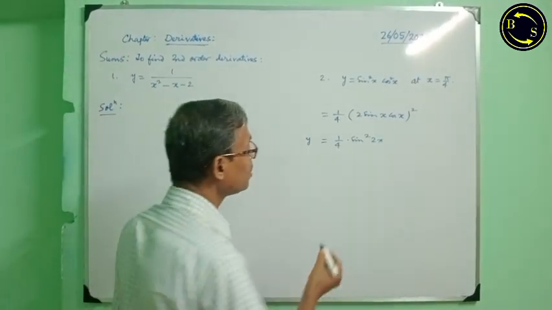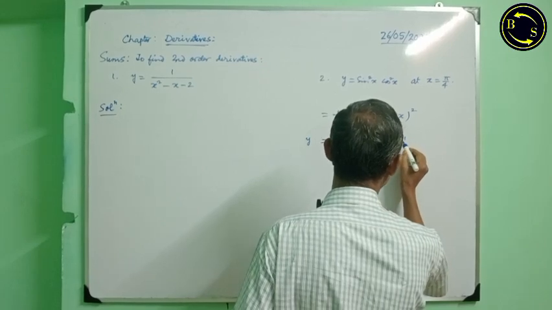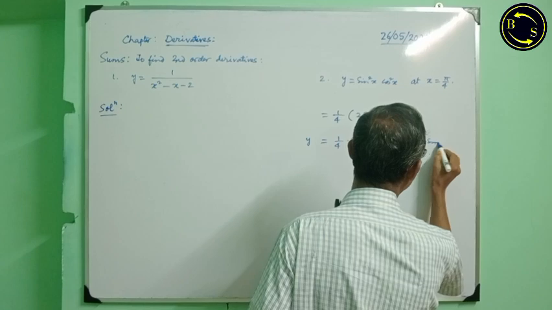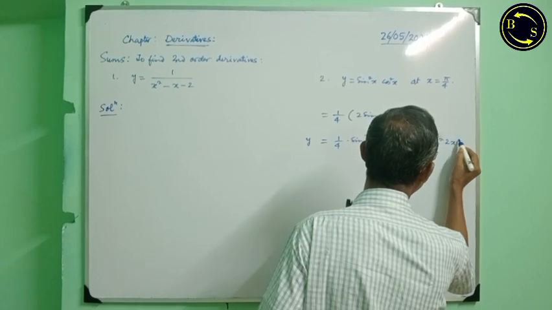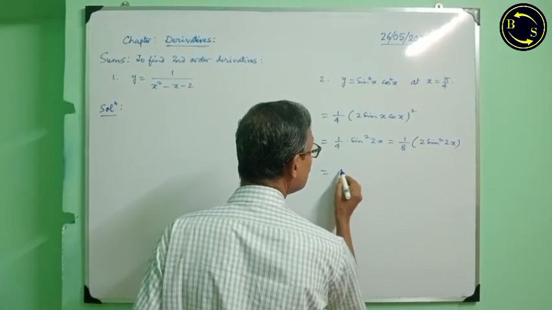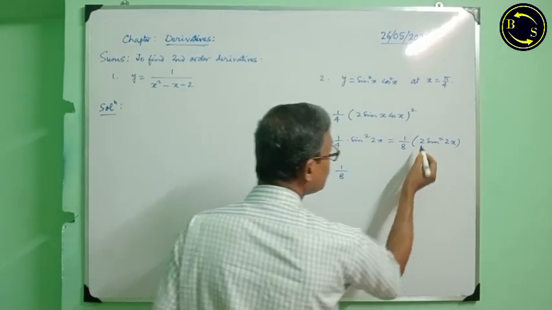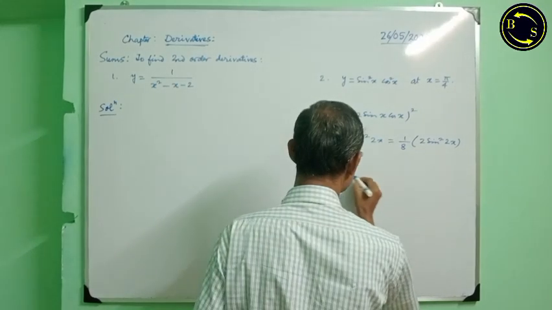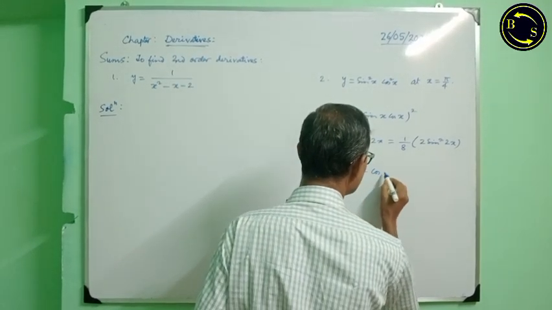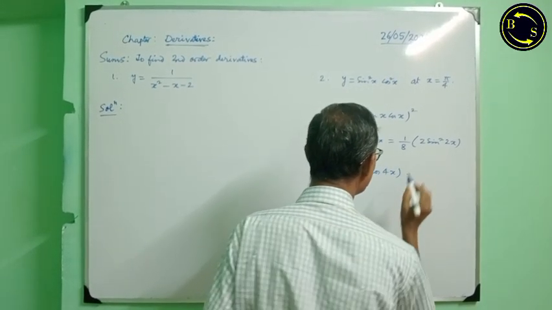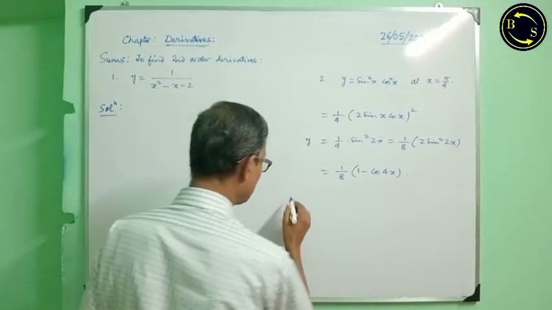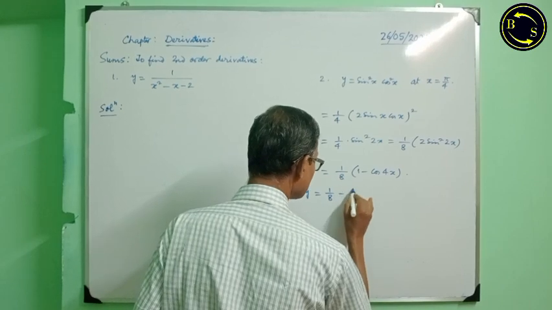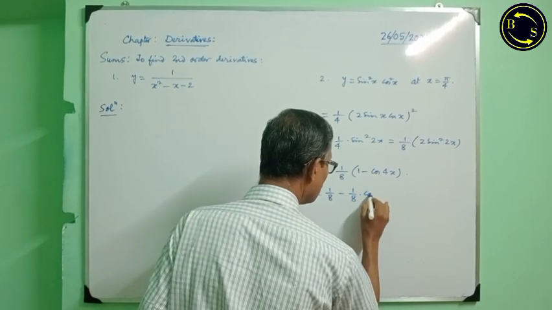Then again we can write it as 1 by 8 into 2 sin square 2x form, that means 1 minus cos 4x form. Therefore, finally we get y is equal to 1 by 8 minus 1 by 8 cos 4x.